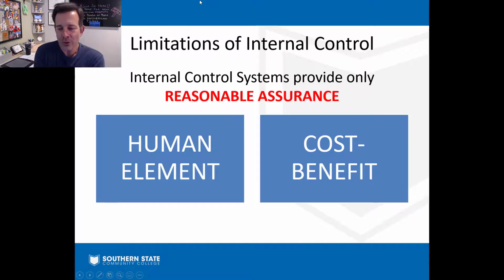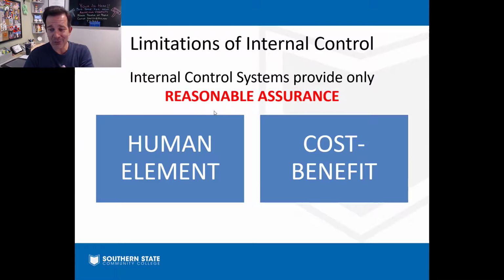Limitations of internal control. It all sounds well and good, but the reality is there is no perfect internal control system. Okay? Internal control systems only provide reasonable assurance. And they're a safeguard, but they're not a complete, perfect safeguard. There's a human element involved. I mentioned in the video before, where we talked about the definition of internal control, this is a system designed by humans, and humans are working in it.